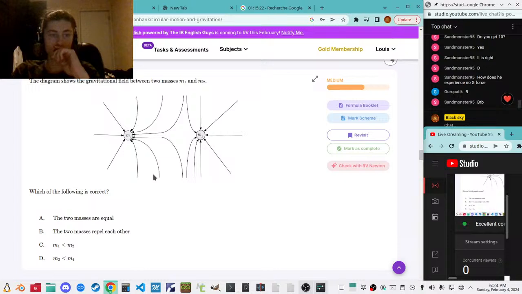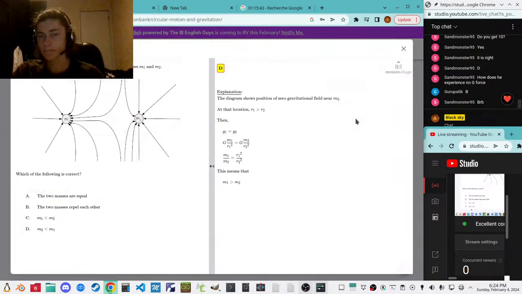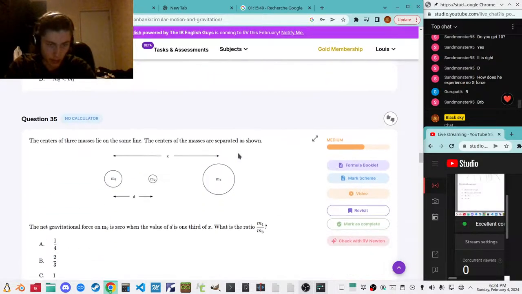Yeah, how is that working? What does it look like, they're repelling each other? That's wrong. M1 is greater. D? Yeah, oh yeah, true.